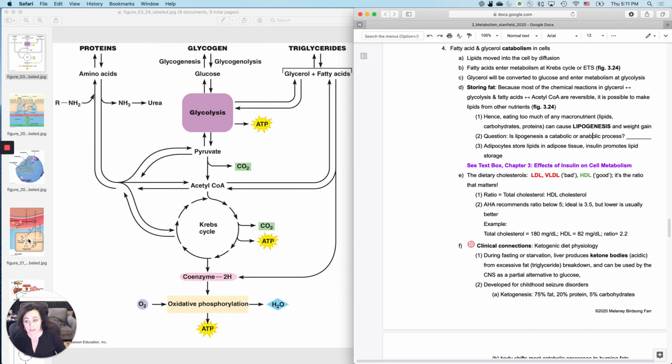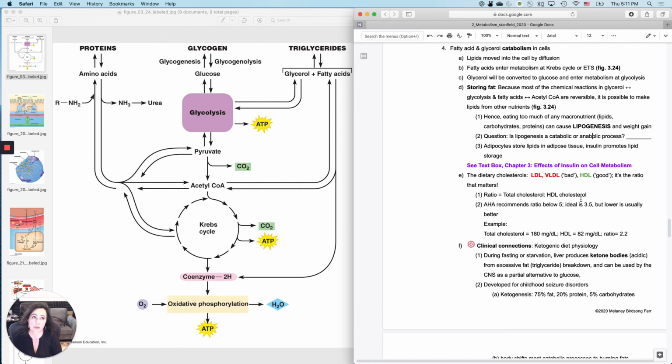And one of the interesting things about that is that insulin, the same hormone that we talked about before that favors glucose moving into cells, also favors glycogenesis, and it also favors lipogenesis. Okay, there is a text box in chapter 3 called The Effects of Insulin on Cell Metabolism, and it's really interesting.